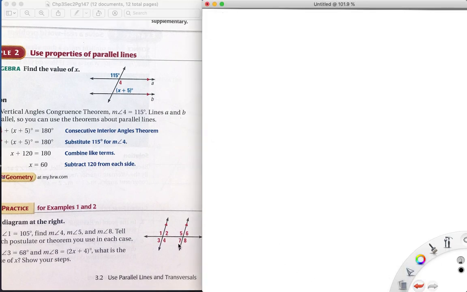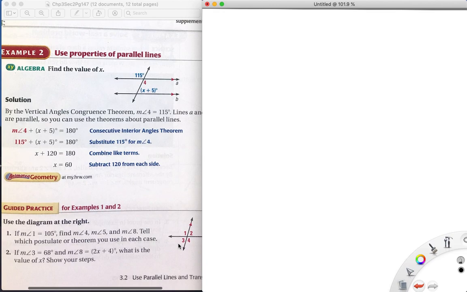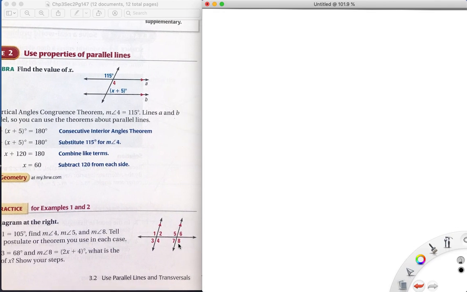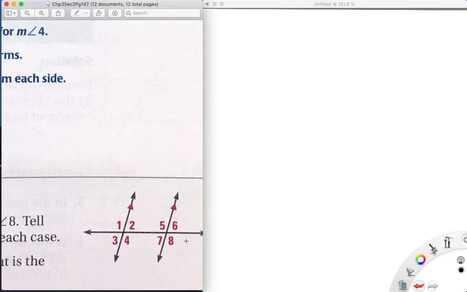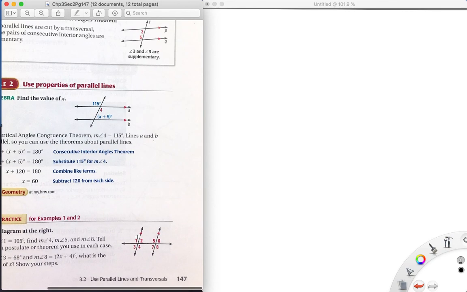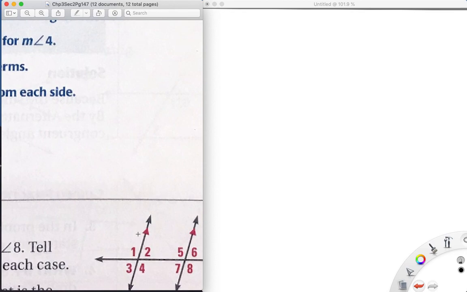Alright. So for number 1, they say the measure of angle 1 is 105 degrees. They want angles 1, 4, 5, and 8.